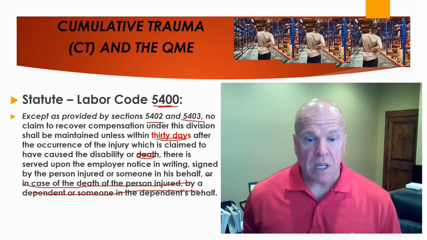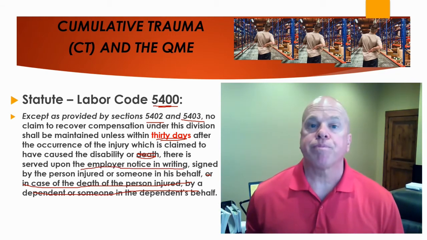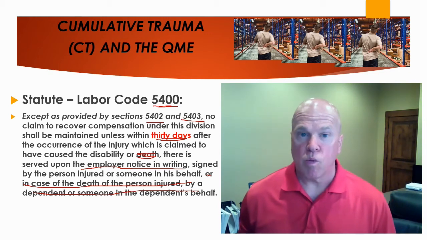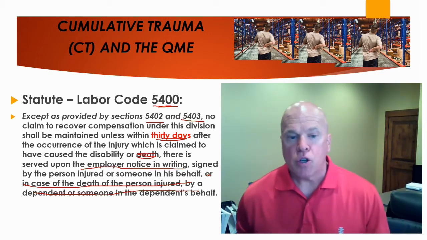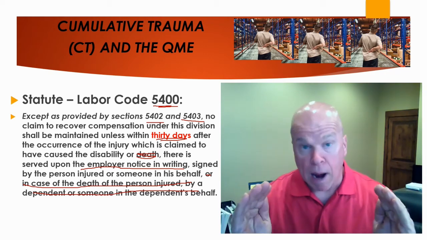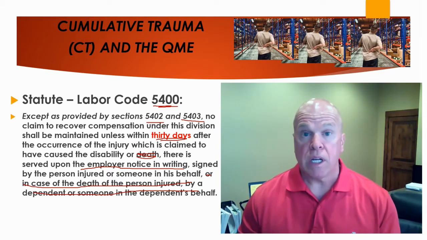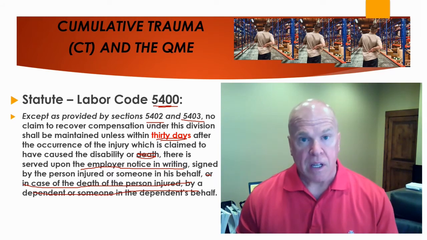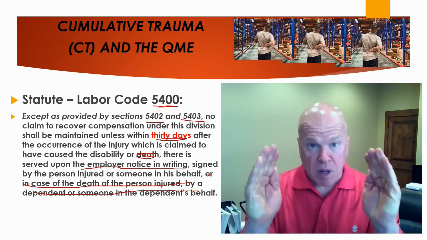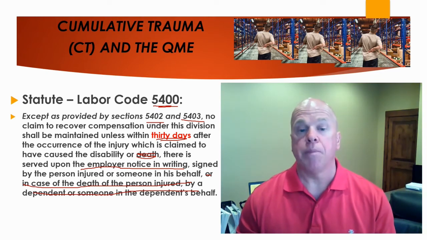And the employee must serve the employer in writing, at least under this code, and there are exceptions to this code which we'll talk about. And so for this reason, you can see that Labor Code 5400 puts tight brackets around the time period within which an employee can claim a specific incident of industrial injury. Of course, there are exceptions, but the purpose of it is to tightly bracket this time period.